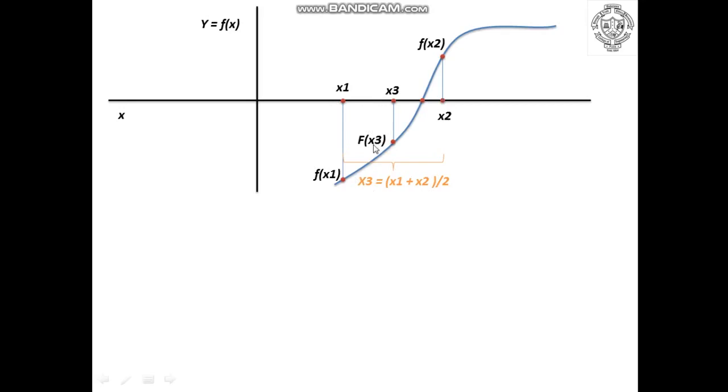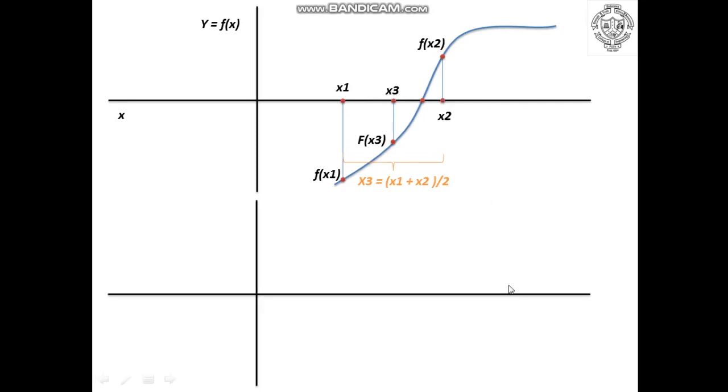Hence what we have to do is observe the sign of f of x3 and f of x2. Since the signs of f of x3 and f of x2 are opposite, you can replace x1 with x3. Or we can say you can assume the value of x1 as the new x3. So we have to replace this x1 with the new value of x3.